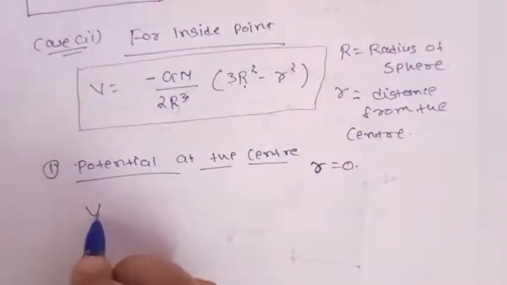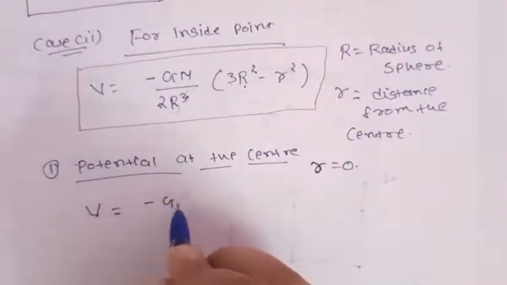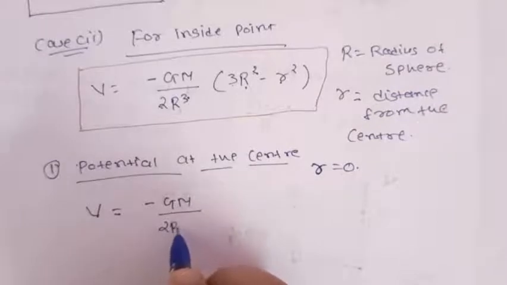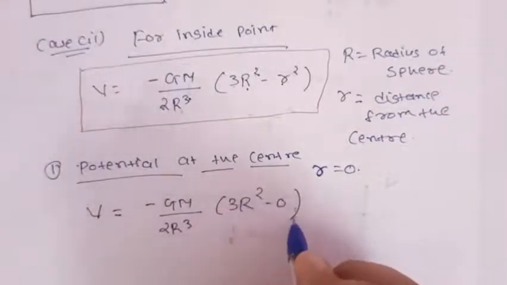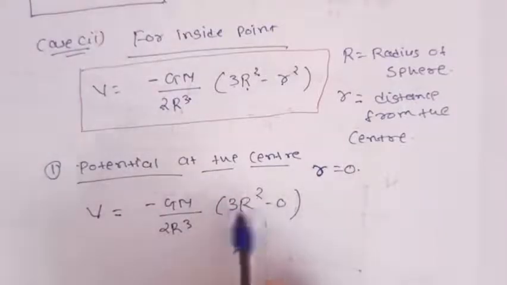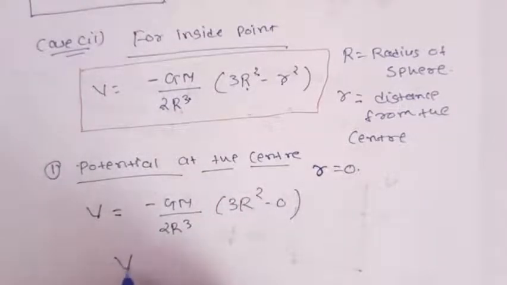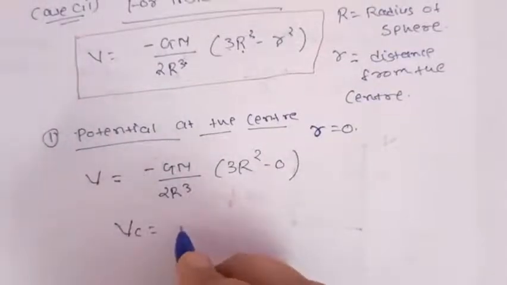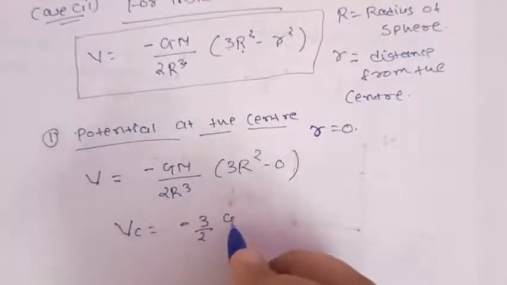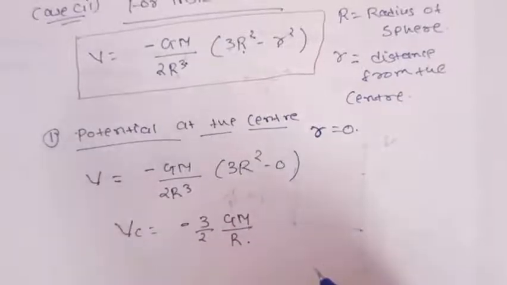So we will get V equals minus GM upon 2R cube into 3R square minus 0. This r square will get cancelled out. So potential at the center will be equal to minus 3 by 2 GM upon R.